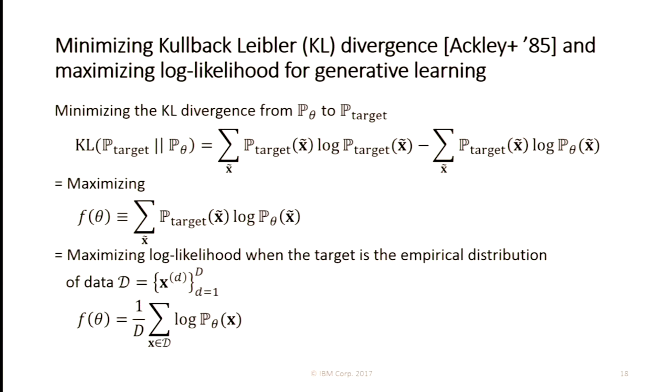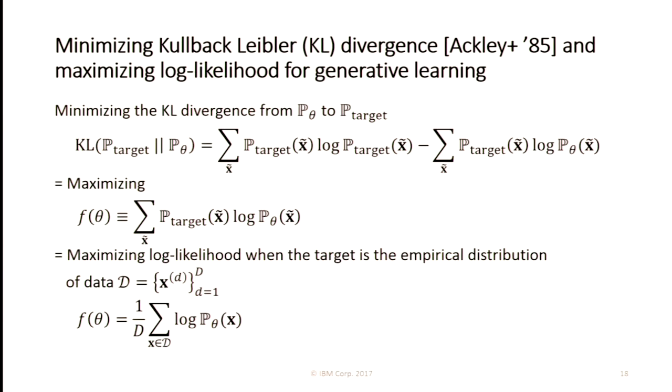It is the expected value of the log probability, where the expectation is with respect to the target distribution. Sometimes the target distribution is given implicitly as samples from it.